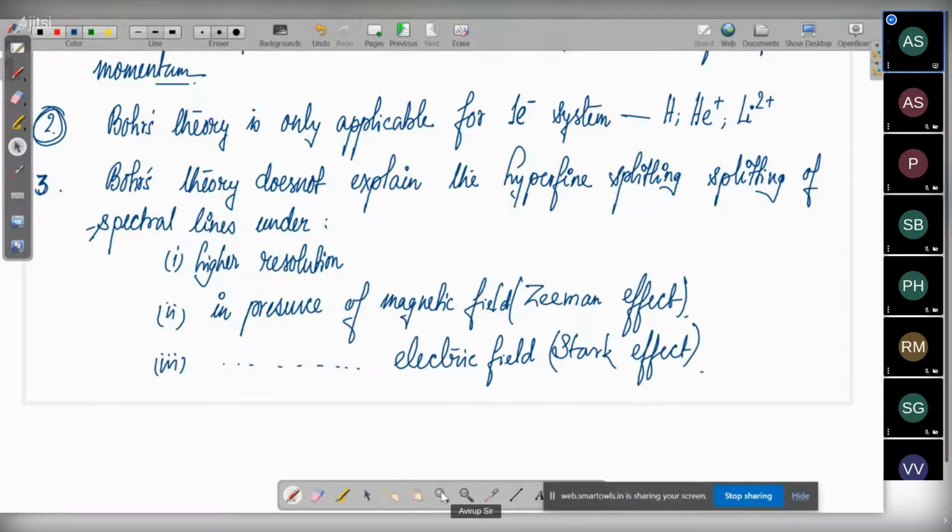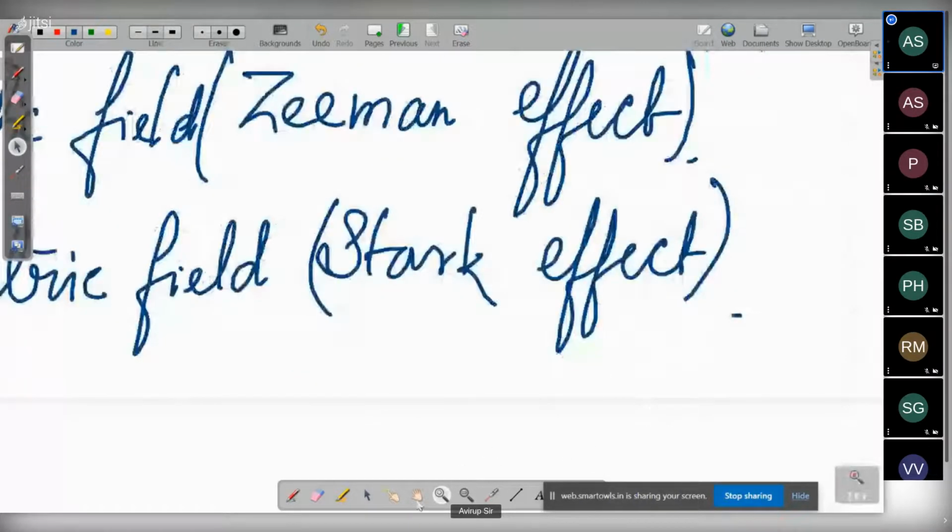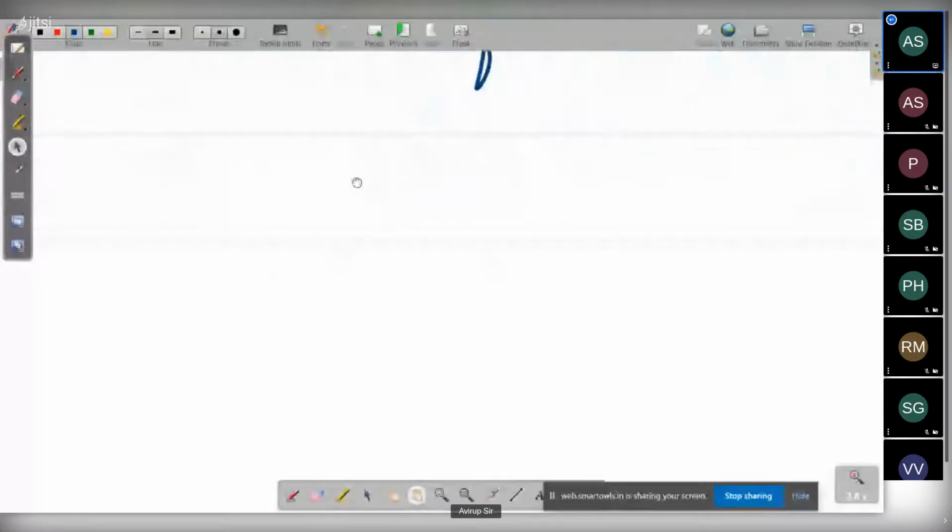So now what does this statement mean, under higher resolution? For this, you think it in this way. Suppose these are the lines that are present. So these are the spectral lines. These are the different spectral lines that you have.